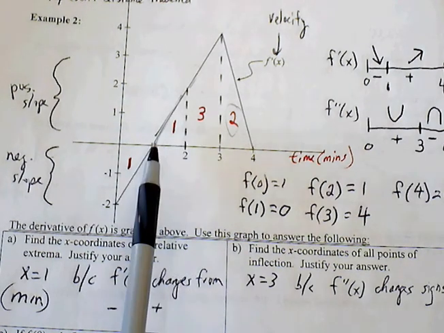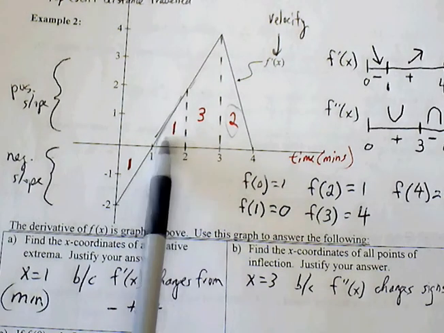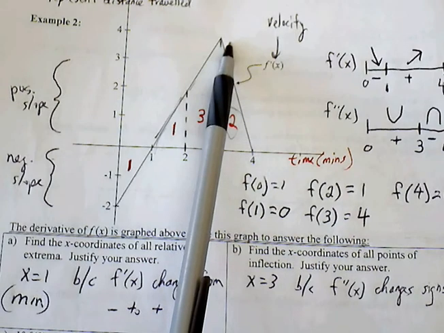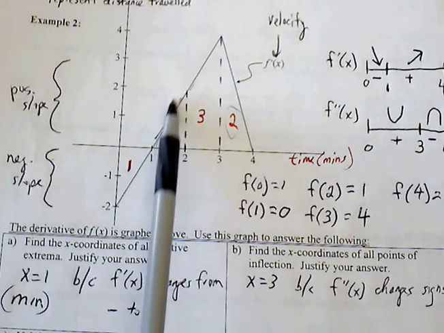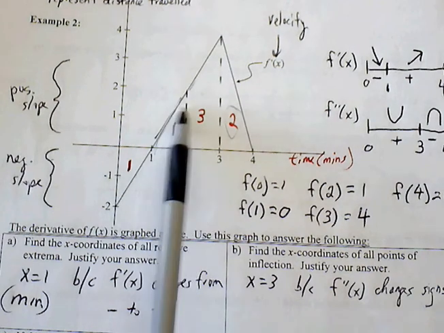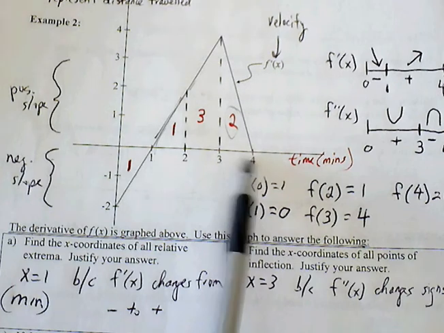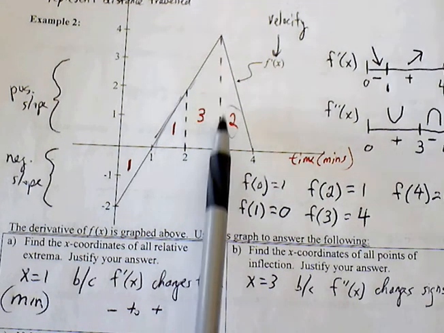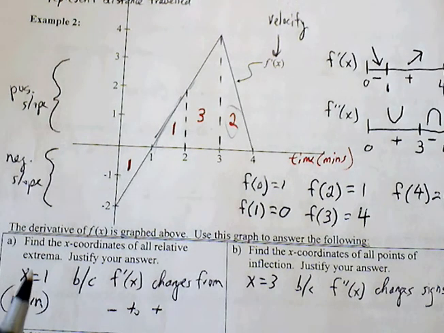To find this region, we can do 1/2 base times height, so the area of this triangle here is 2 times 4 times 1/2. So we know this entire region is 4. If this is 1 and this entire region is 4, then we know this must be 3. And to find the area of this region, from 3 to 4 is 1, and 1/2 base times height, so 1/2 times 1 times 4 gives us 2.